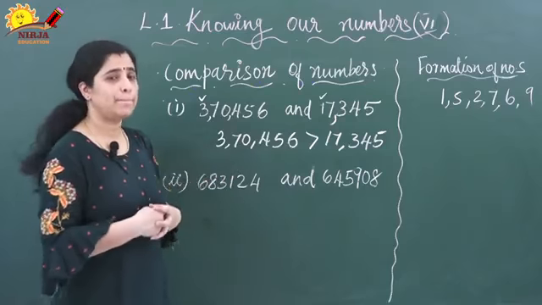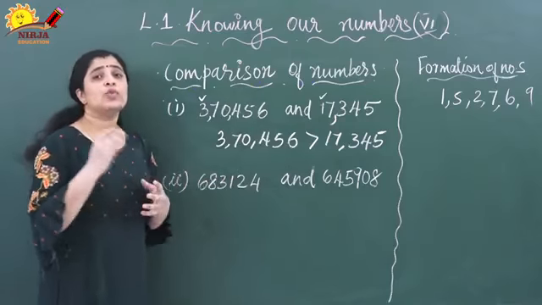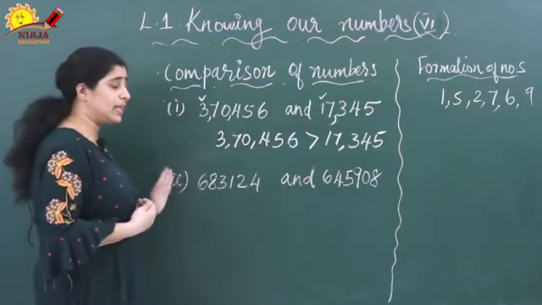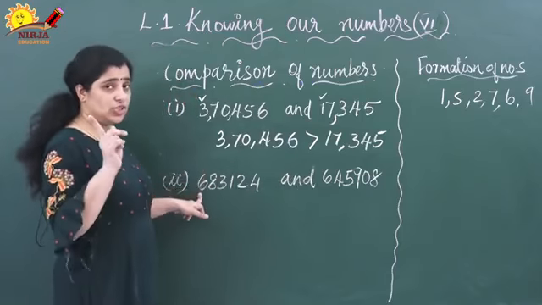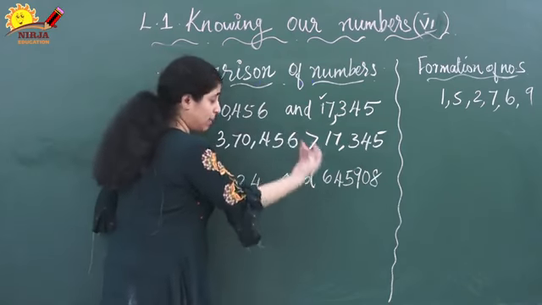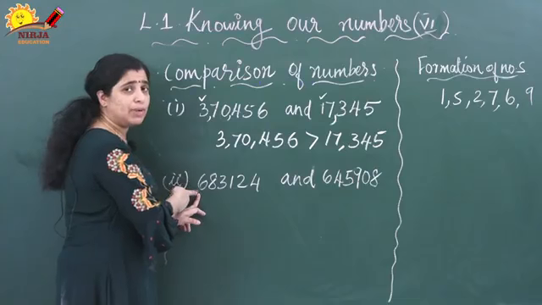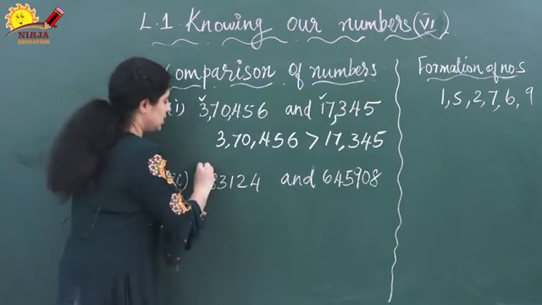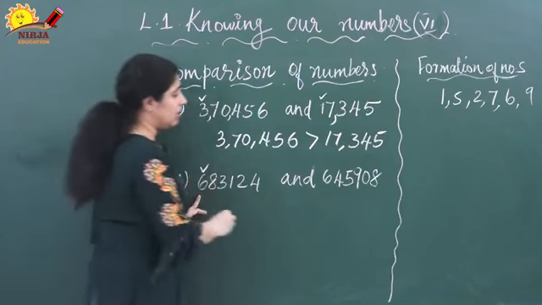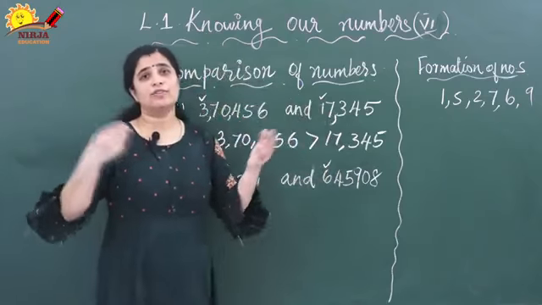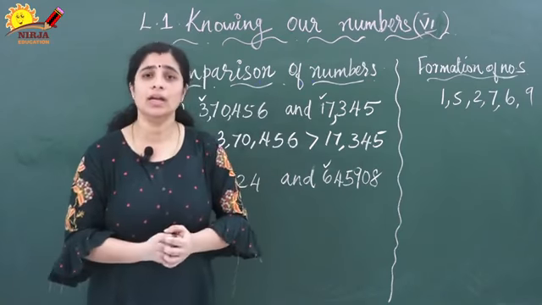Which number is bigger? In this case, we have to consider the number in the extreme left. So here extreme left, which number is there? 6. And here also the number is 6. Again confusion, which one will be bigger?